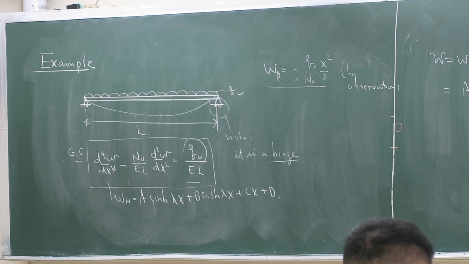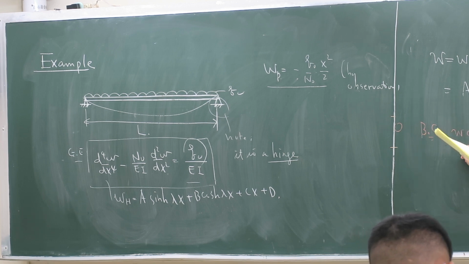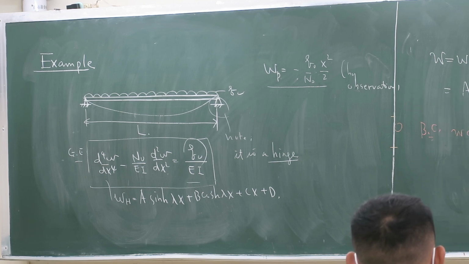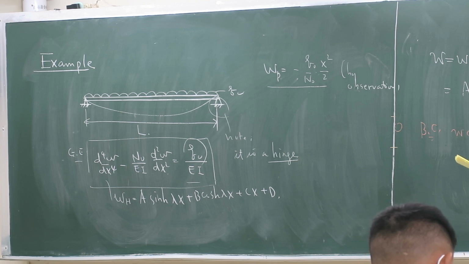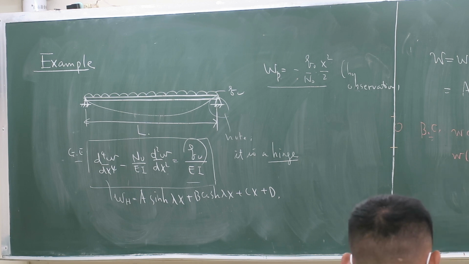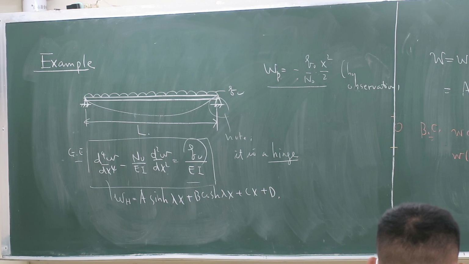Then we put the boundary conditions. We have w at 0 equal to 0, and the moment, minus EI w double prime at 0, equal to 0. And the deflection at L equal to 0, and the moment at L equal to 0. So we have 4 boundary conditions, and we can determine the 4 coefficients A, B, C, D.